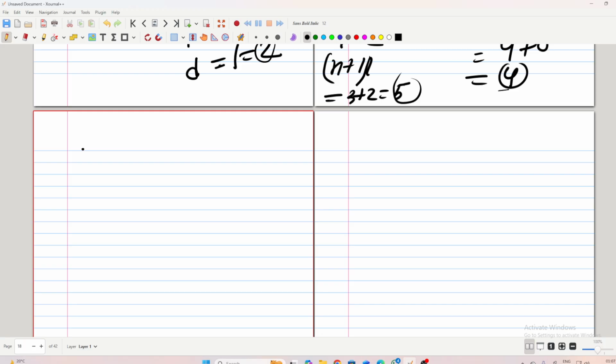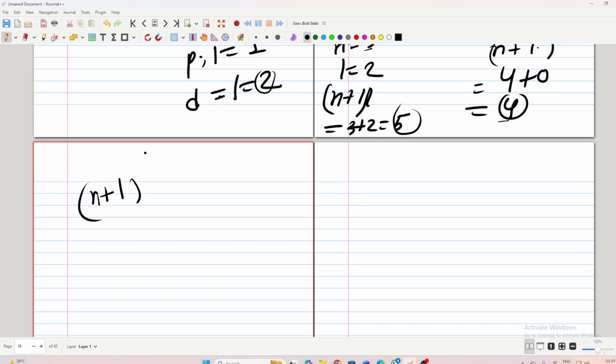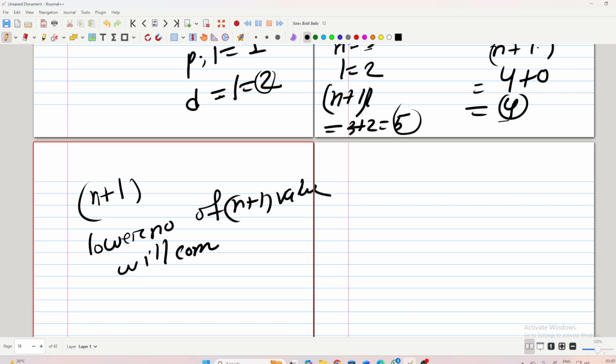Always keep in mind that the shell which has the lower n plus l value will come first.